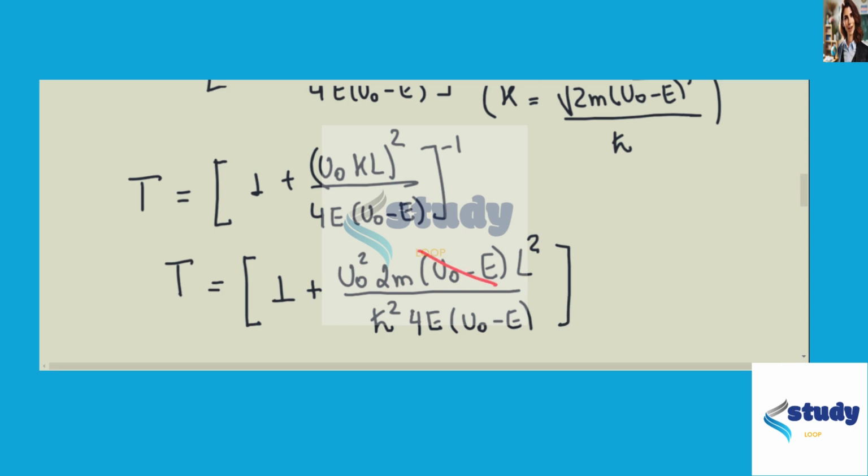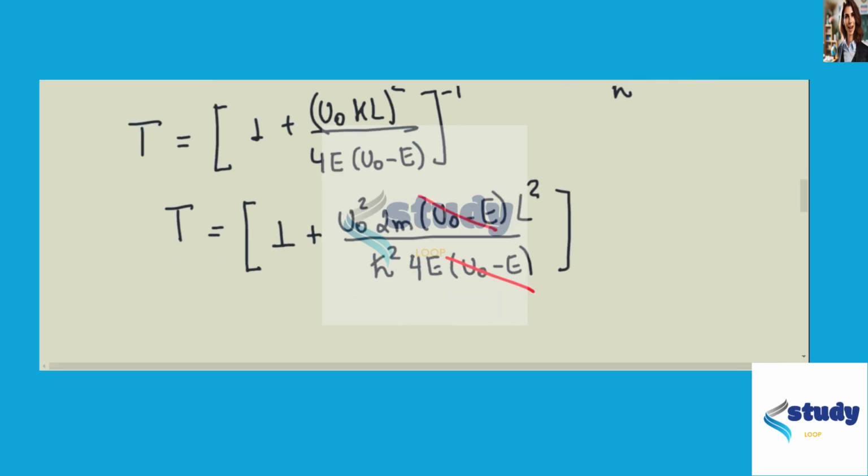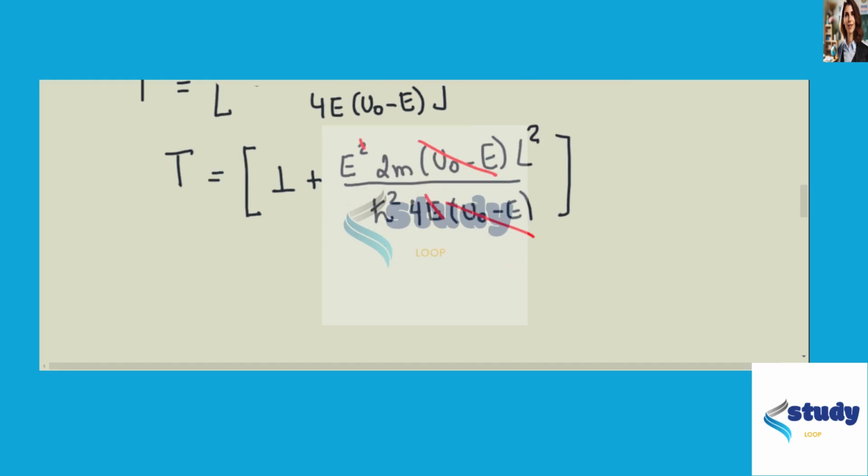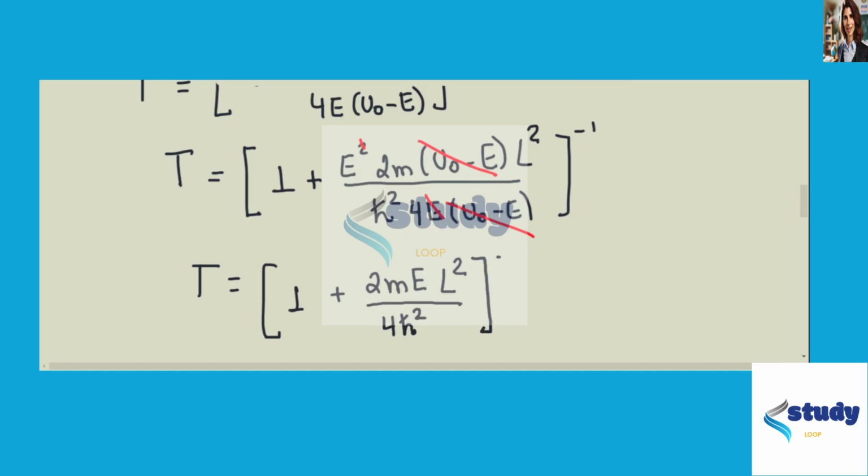So notice that the u0 minus e cancel, and I'm going to substitute u0 for e since e approaches u0. So one of these cancels. So T, there's a minus 1 here. So T is equal to 1 plus 2meL squared divided by 4 h bar squared to the minus 1.